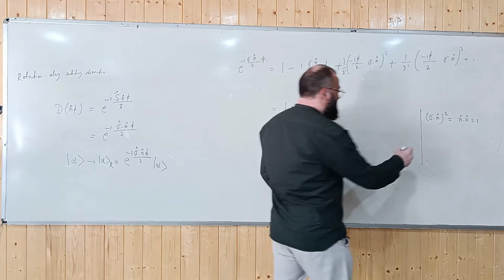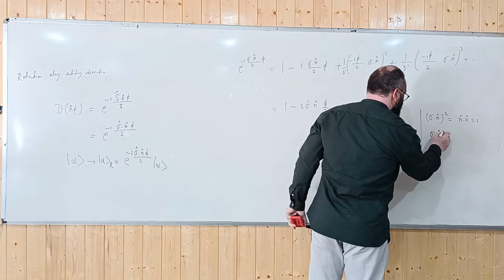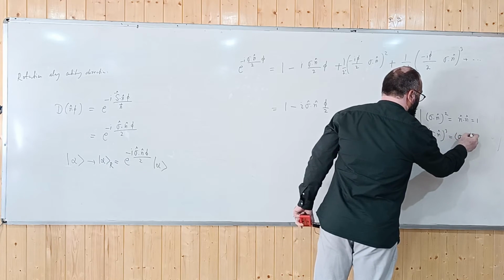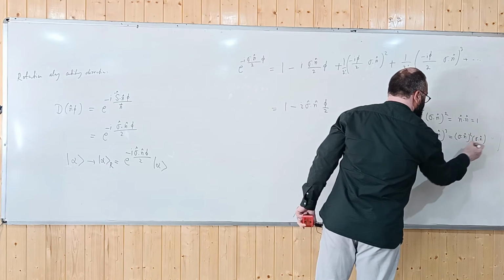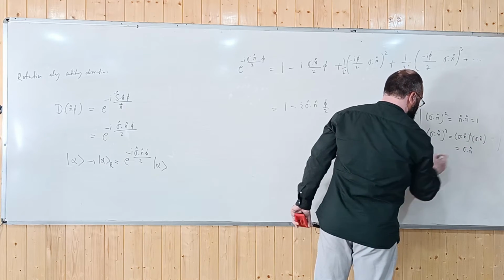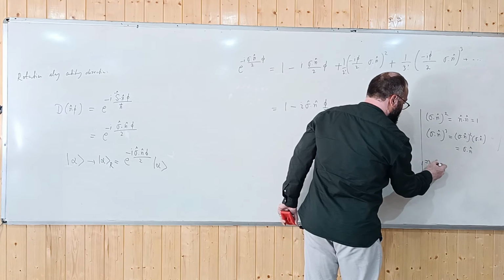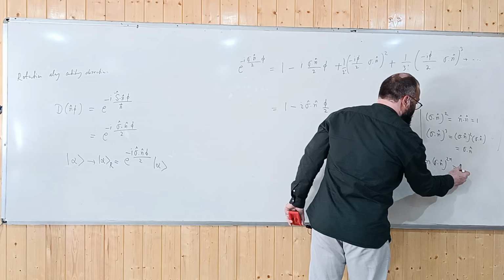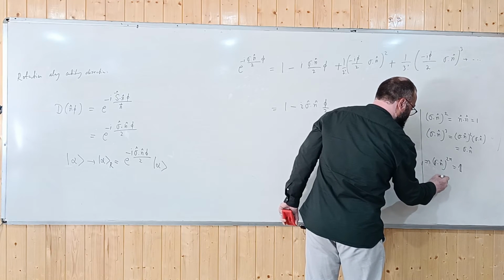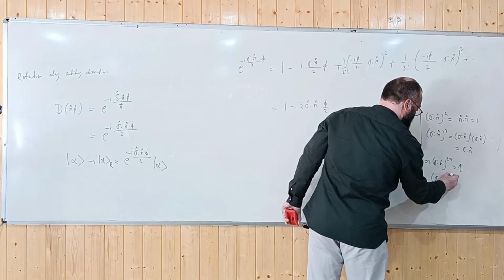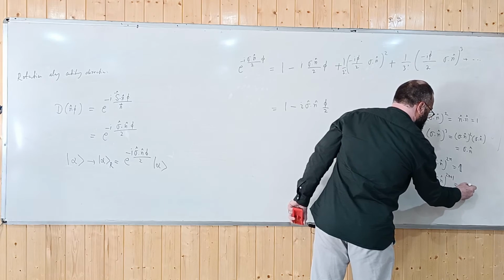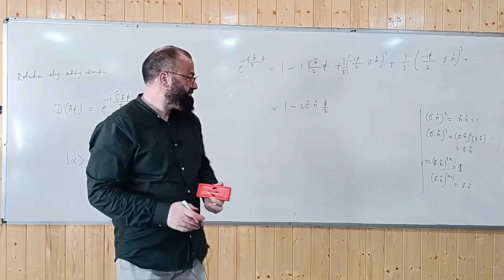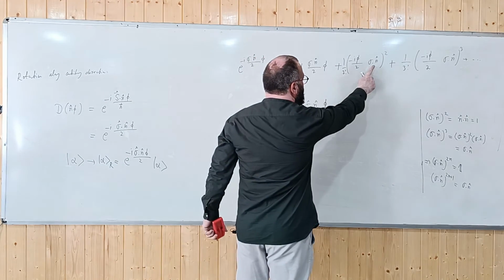Clear? Now let's take sigma dot n whole cube. So it will give me sigma dot n square, sigma dot n. So what is that equal to? Sigma dot n. So it implies therefore sigma dot n raised power 2n is equal to an identity matrix, and sigma dot n raised power 2n plus 1, that means odd. So what is that? Sigma dot n. Clear? Okay.